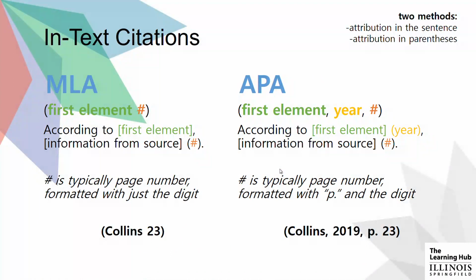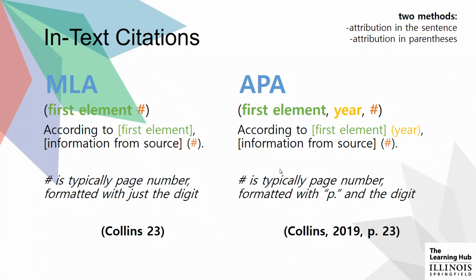So the third category of difference to talk about is in-text citations. This is when you are giving credit for a source when you've used information from it in your paper. MLA and APA have similarities between these, but what they look like and how you use them are a bit different. So in MLA, you always include the first element of the full citation from the works cited list.